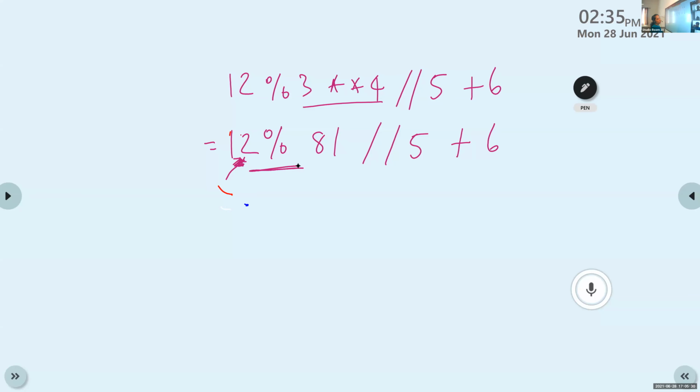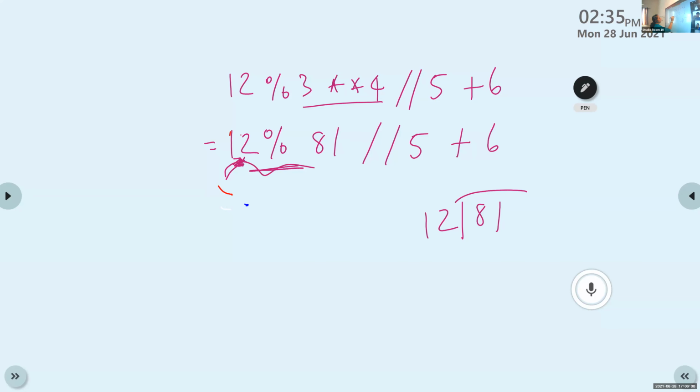What is the result of 12 modulo 81? We divide 12 by 81. What is the remainder, Thompson? 12. When we divide 12 by 81, the remainder is 12.